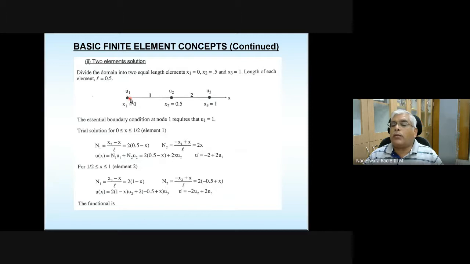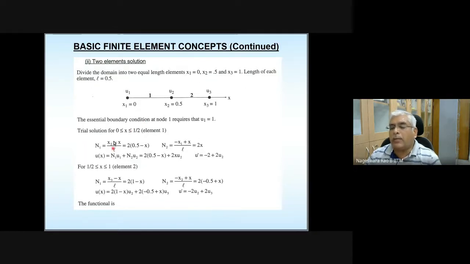The first element goes from 0 to half, the second element goes from half to 1. It's not necessary that both elements be of the same length. You can have the first element going from 0 to 0.25 and the second element going from 0.25 to 1. Here both elements are selected with length equal to half.